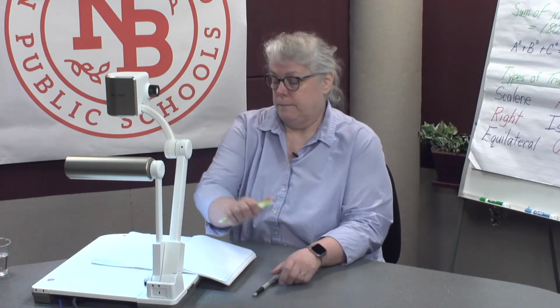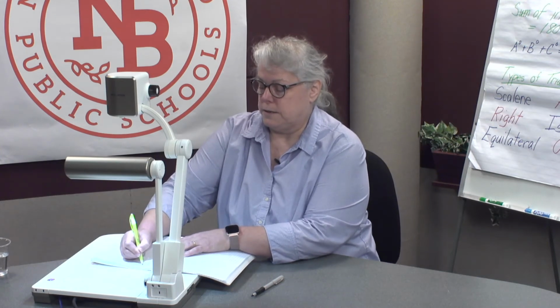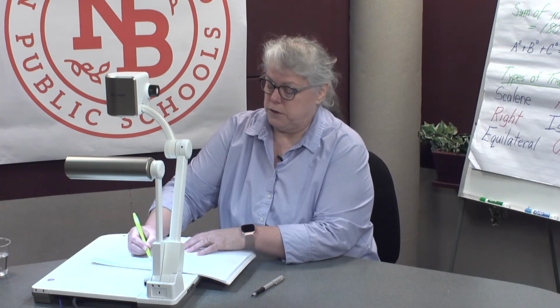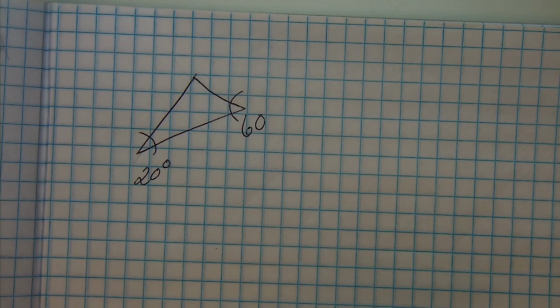If we're given a triangle that says this, and your teacher gives you this measure of 20 degrees and this measure of 60 degrees, and your teacher says to you, what is the value of the third angle?